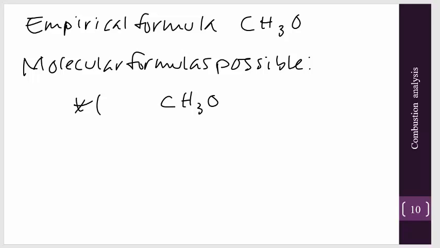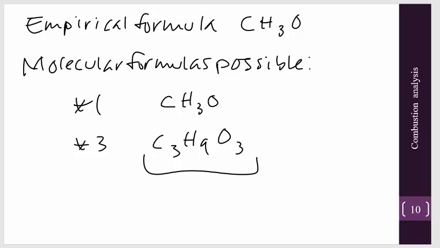We could have a molecule composed of just 3 hydrogens, 1 carbon, 1 oxygen. Well, we could also have any multiple of that. Let's say we multiplied everything by 3. We would have 3 carbons, 9 hydrogens, and 3 oxygens. So this would be another possible molecular formula. It would keep the same ratio, the same empirical formula though. We could also maybe multiply it by 20, anything like that. All the empirical formula tells us is the ratio.